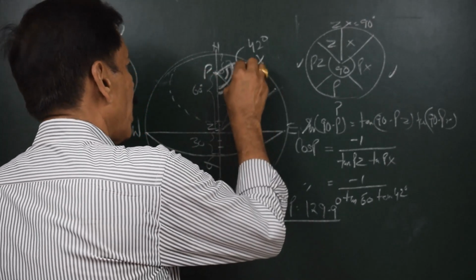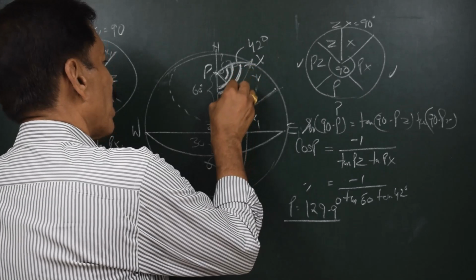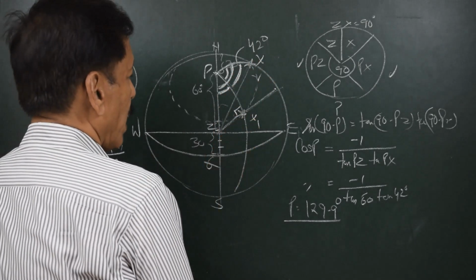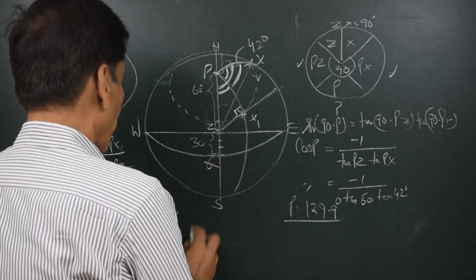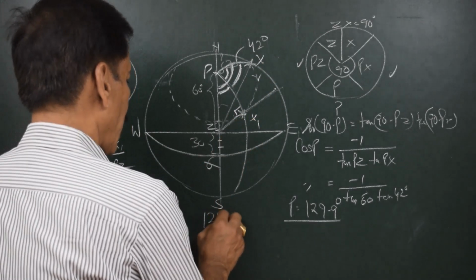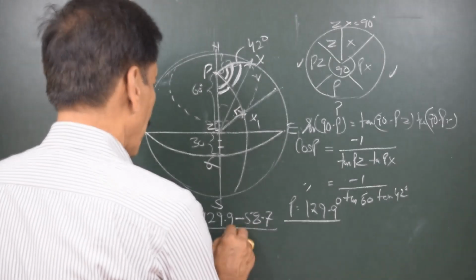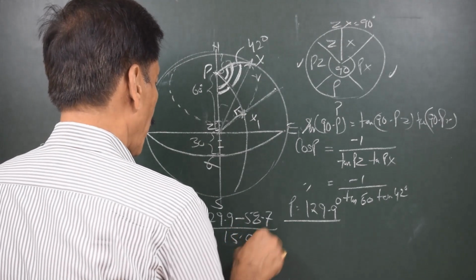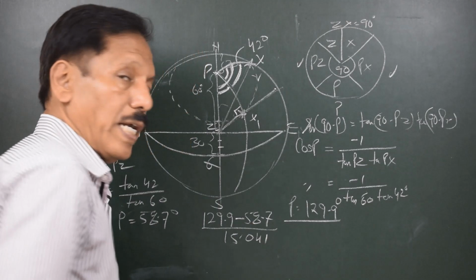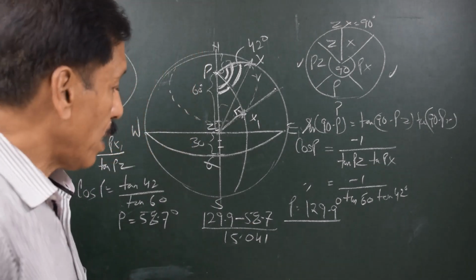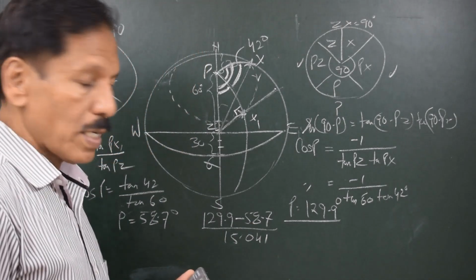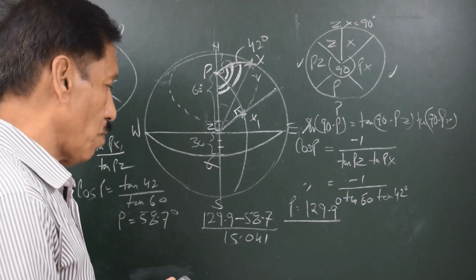So what is the angle from the time the star rises till it attains the maximum azimuth? That would be given by 129.9 minus 58.7 divided by 15.041, which is the rate of change of meridian or GHA of a star per hour, 15.041.